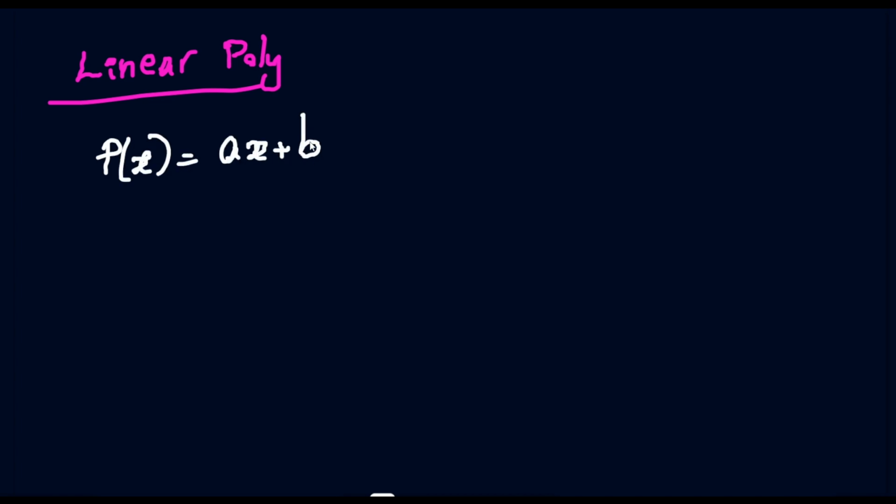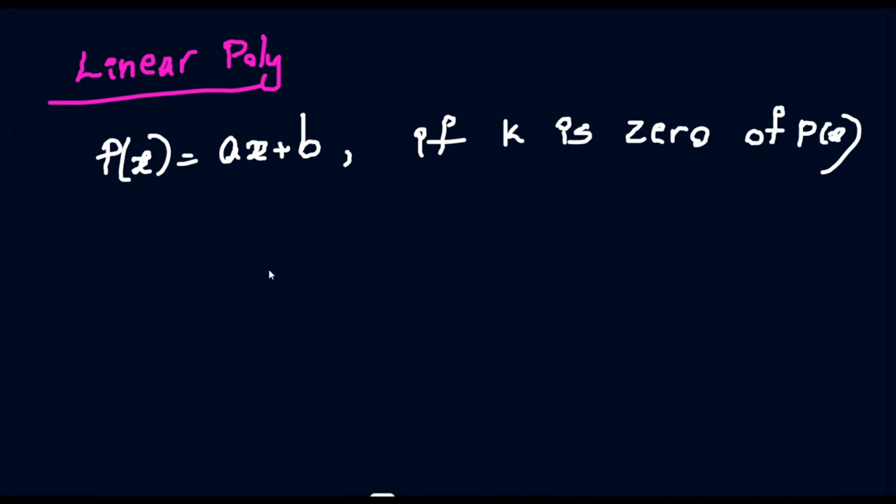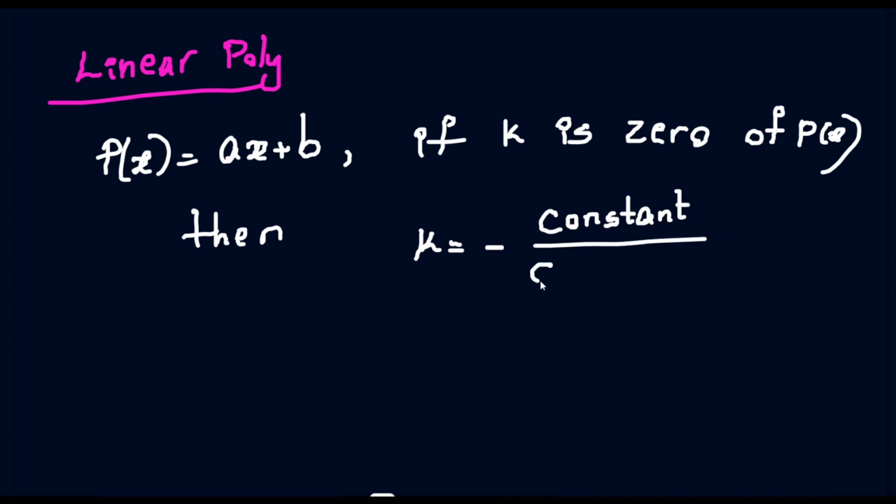You can consider any linear polynomial, and if k is the 0 of this polynomial, then how can we find the k value? The k value is nothing but minus the constant by the coefficient of x.